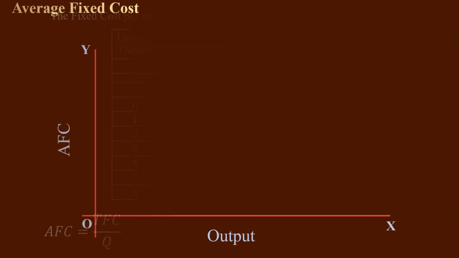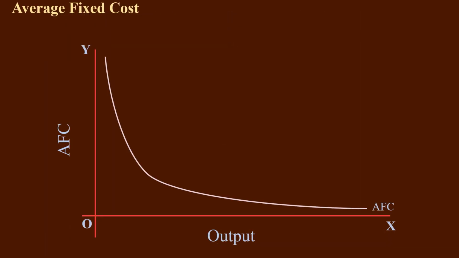Let us graph average fixed cost. AFC represents average fixed cost curve. Its shape is rectangular hyperbola because fixed cost is equally distributed among the output. Moreover, the area under the curve represents total fixed cost.